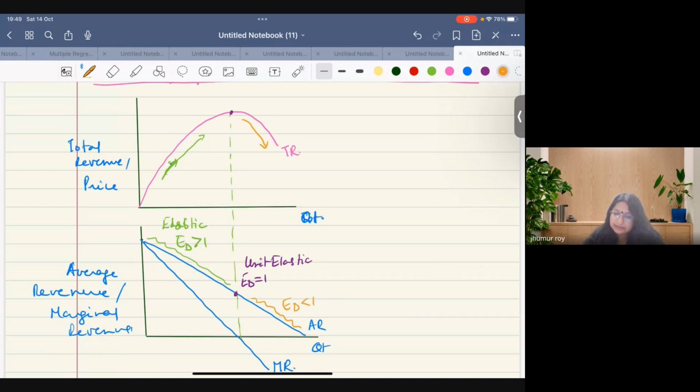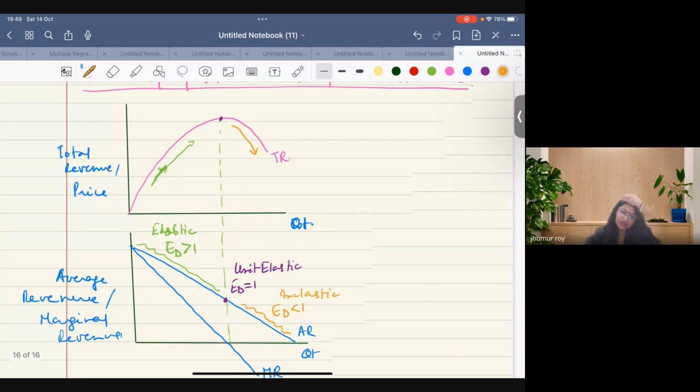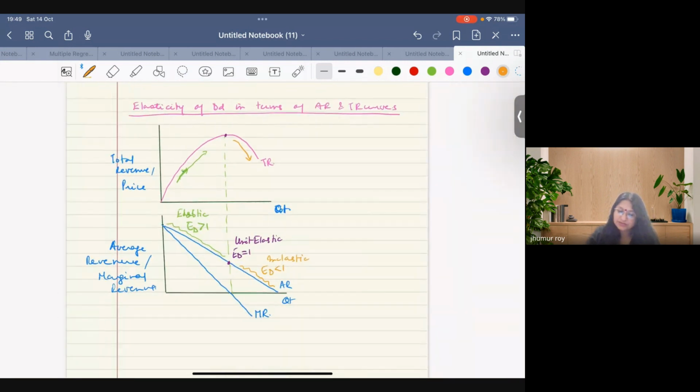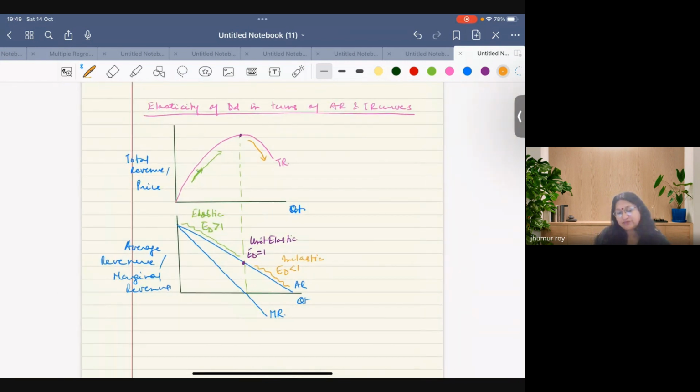So you will say it is inelastic. Is this clear? So this is the relationship. This becomes very important when we study how total revenue and elasticity change in case of average revenue and total revenue curves.